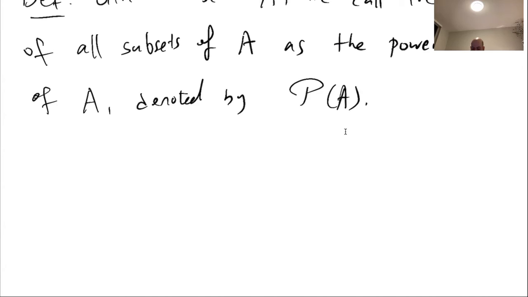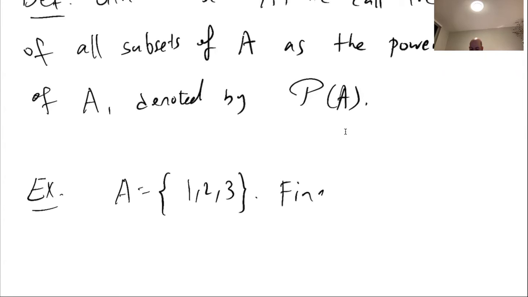Okay, so let's look at a simple example. Let's say A equals, for example, {1, 2, 3}. Find P of A, the power set of A. How do we find the power set of A? We have to look at the definition, of course.